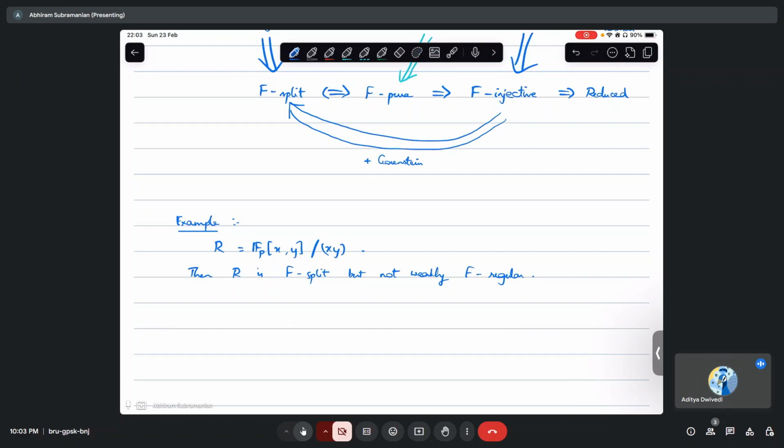But principal ideals are tightly closed. An ideal generated by one element, that's not very useful. In fact, principal ideals are normal. No, maybe not, right? We saw some example where the tight closure of y in a certain ring was x comma y, something like that.